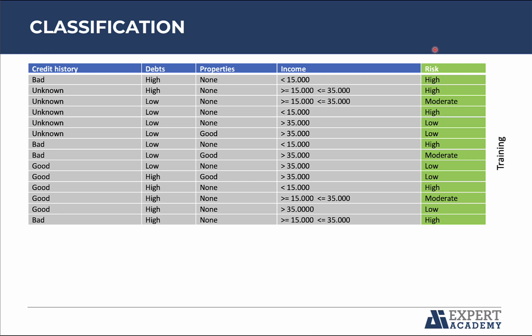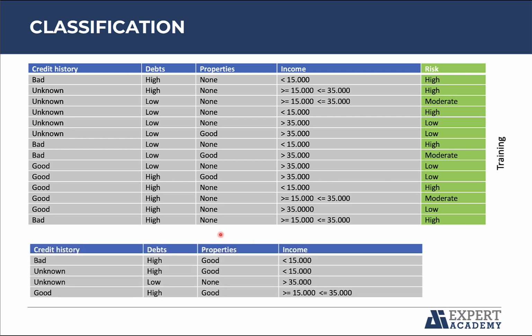The goal of classification is to predict the risk of giving a loan. So we can see here some other clients that have just requested a loan. We can see the data, credit history, debts, properties, and income, but we don't know the risk.